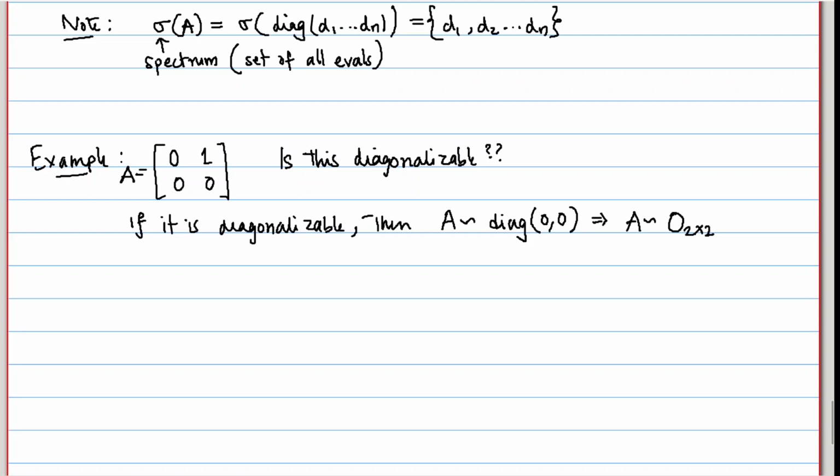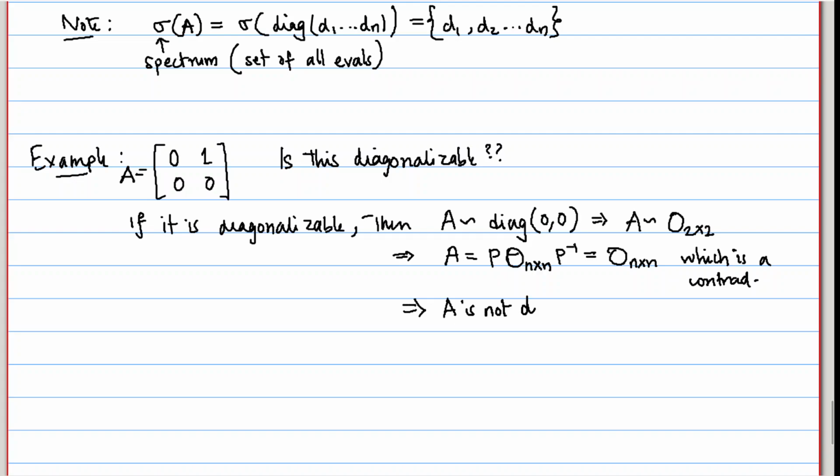That means A can be written as P times the zero matrix times P inverse, but then this would be nothing but the zero matrix, which is a contradiction. That means A is not diagonalizable.